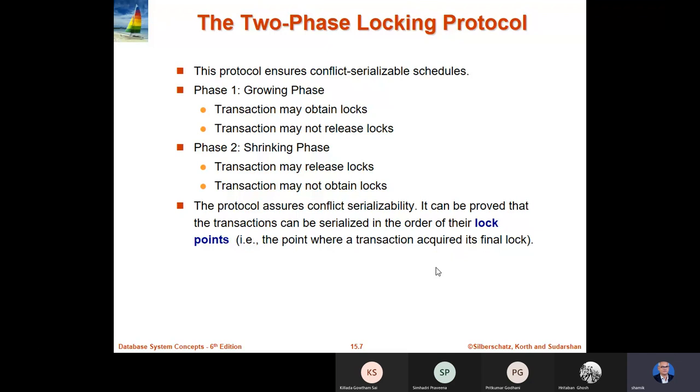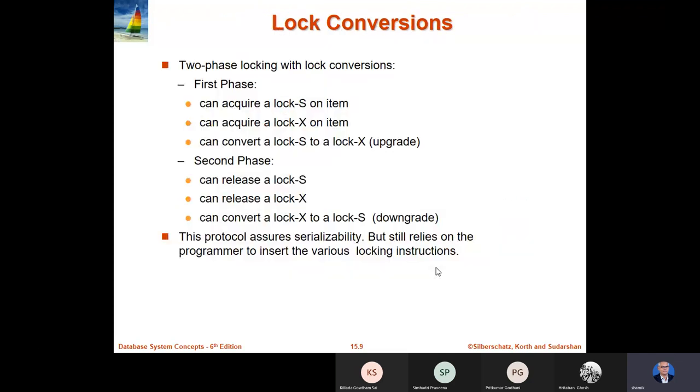And we have talked about the growing phase and the shrinking phase and why it is called two-phase locking, and the fact that there is a lock point when a transaction has acquired all the necessary locks, and after that it is going to only release those locks. And the equivalent serial schedule is the one ordered in terms of the lock points of those transactions.